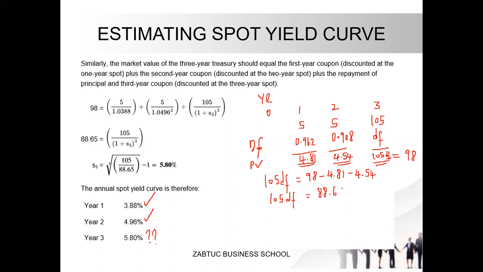Yes. So we divide this side by 105. What is the discount factor that you're looking for? That's 0.844.